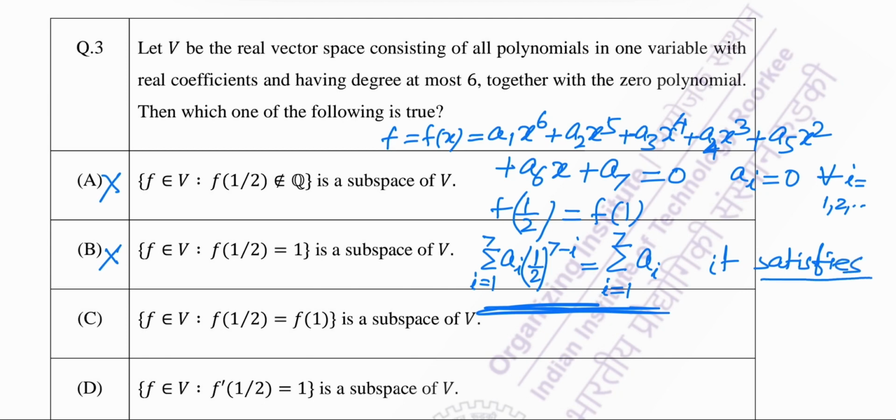So 0 lies in this set, but just checking the 0 member, you can't say that it is a subspace. So for the time being, I am leaving option C, because this question is a multiple choice question. If I prove option D wrong, then we will mark option C as our correct option. So now I will go for option D.